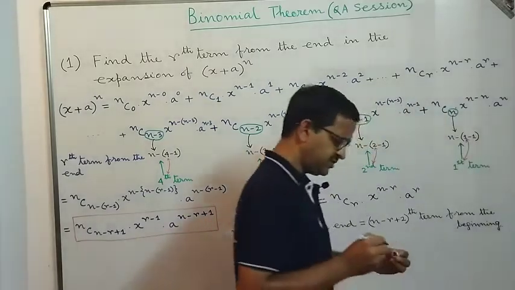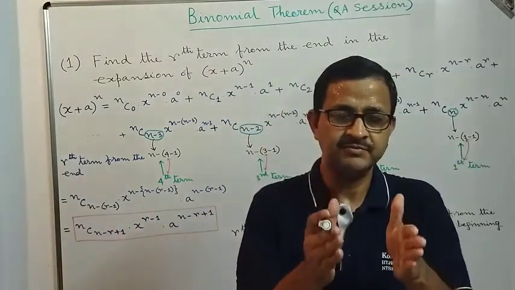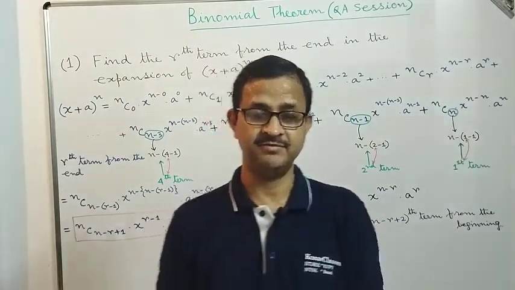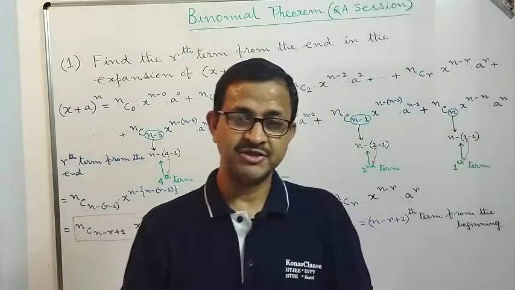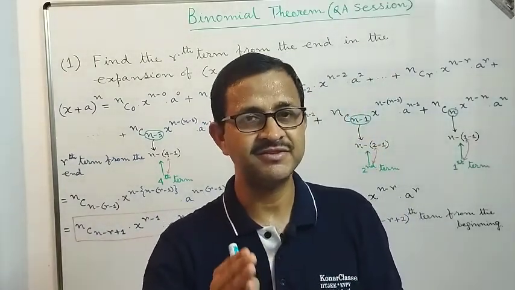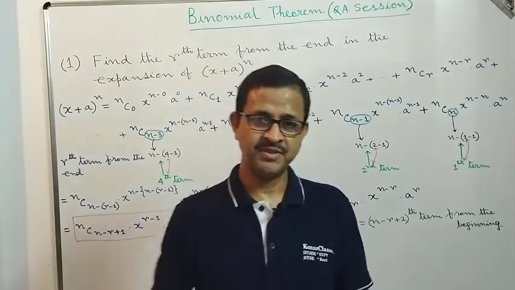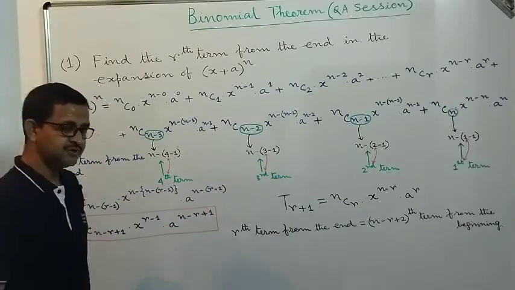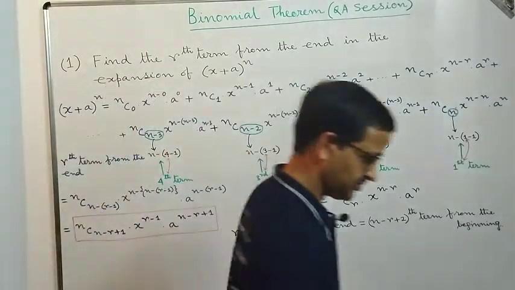In general, if you get an expression like (a plus b) power n, in that expression the rth term from the end is equal to the n minus r plus 2th term from the beginning. So we understood in a step by step manner how it is. Now let's proceed to the next question.